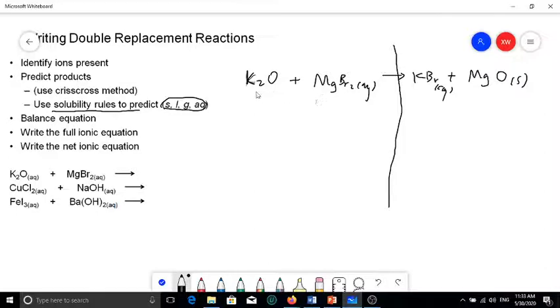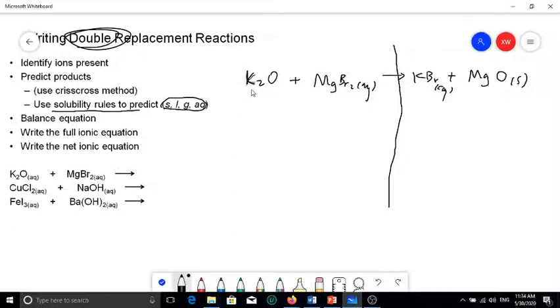Technically, you need to balance every single element on the reactant side with the product side. But for double replacement, you basically just need to list out all 4 ions, because we're looking at two ionic compounds, so 4 ions, 2 cations, 2 anions. We're going to list them in no special order.